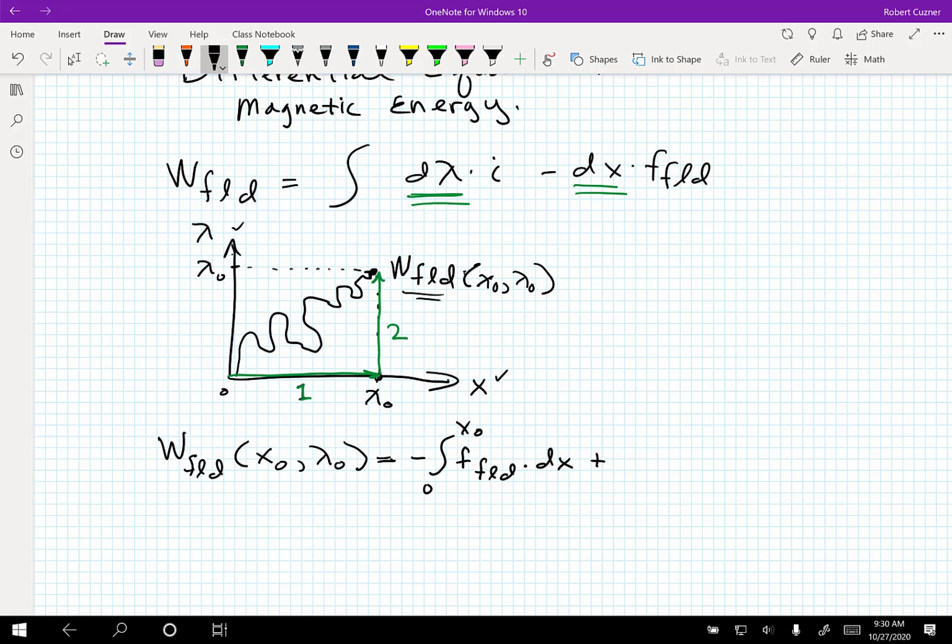And then we would take a second integral from 0 to lambda naught of I d lambda.